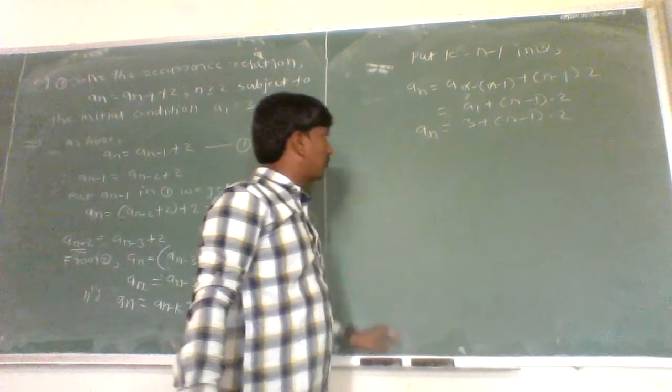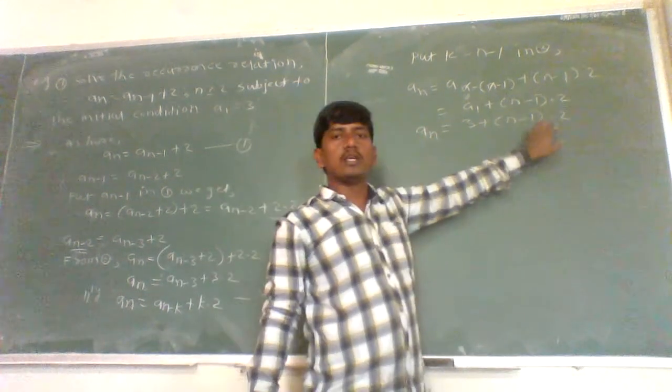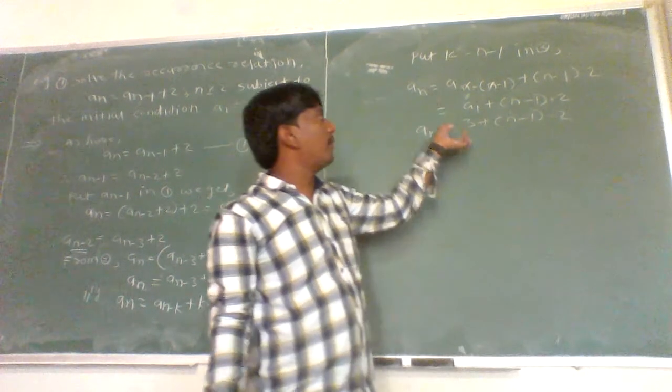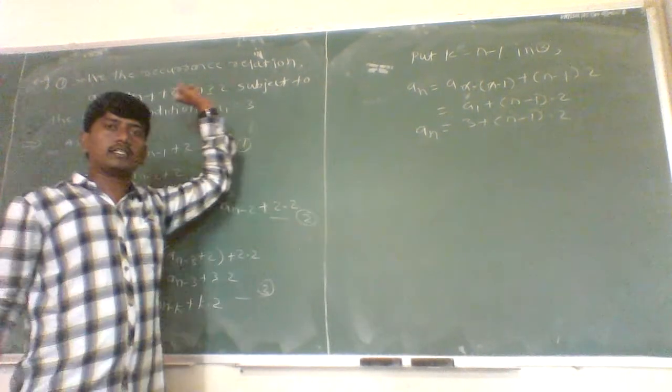So here we can find a_n in terms of n only. This type of method is called the iteration method.